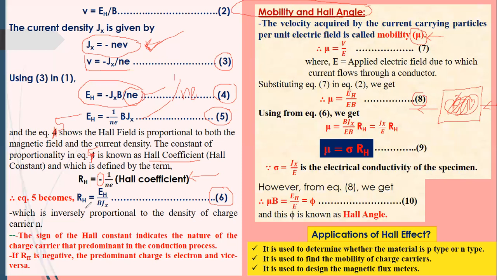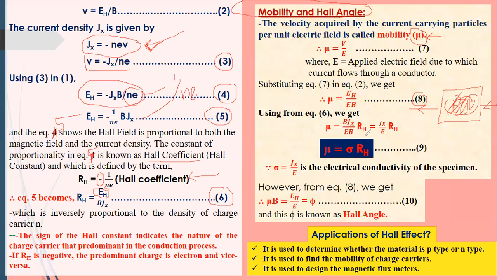Rearranging it, EH is equal to RH BJX. If we put this value instead of EH, mu is equal to BJX RH upon EB.